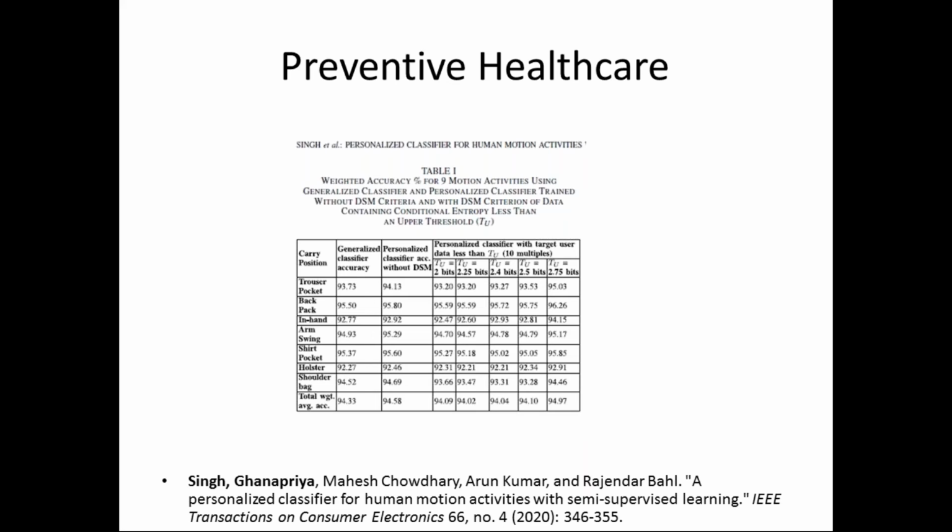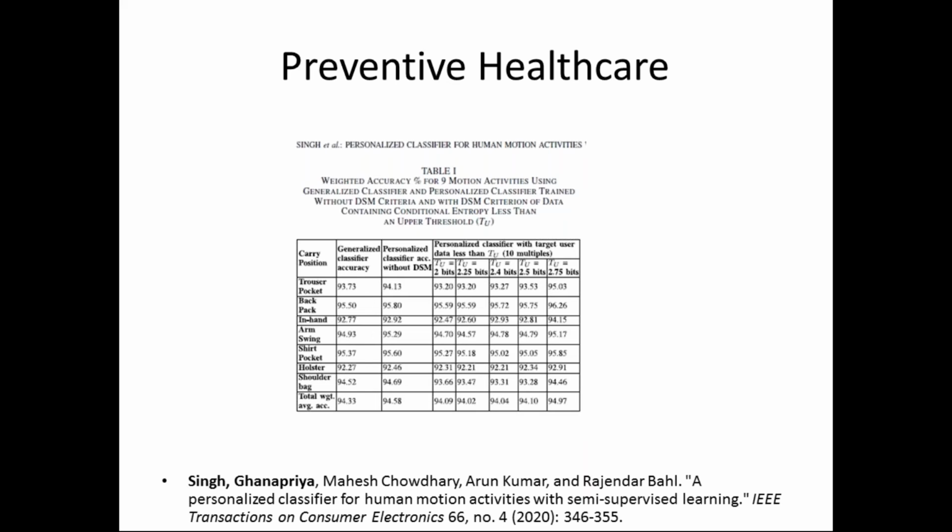When the person is walking, I need to make a personalized classifier of that person without him giving any explicit input. So what can be done? We need to detect which data is useful, and then we need to give labeling also, because it is a supervised classifier.